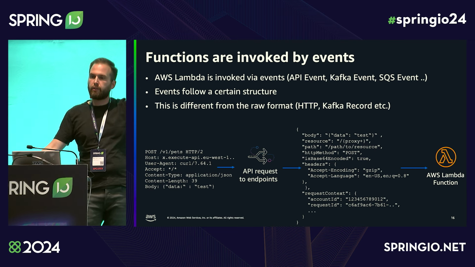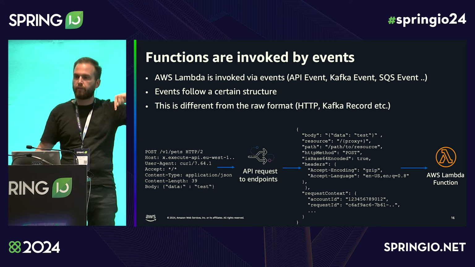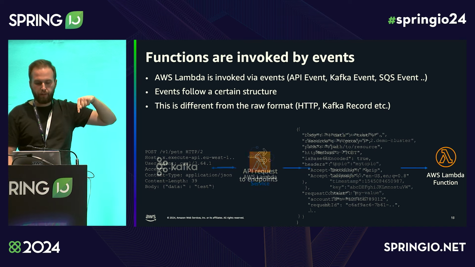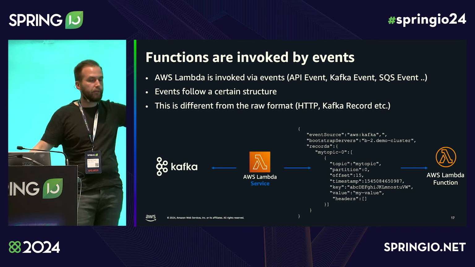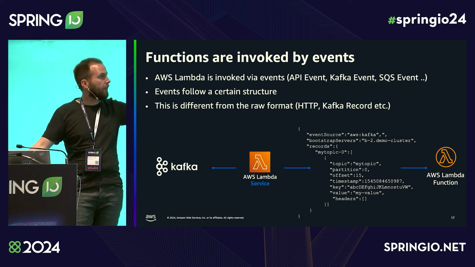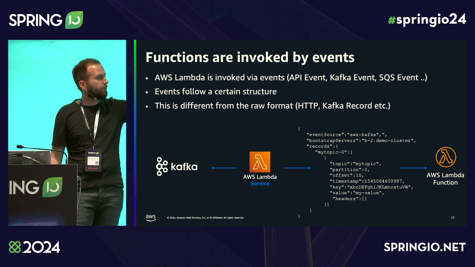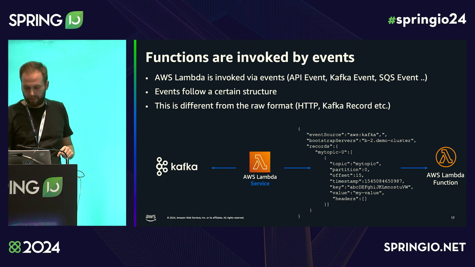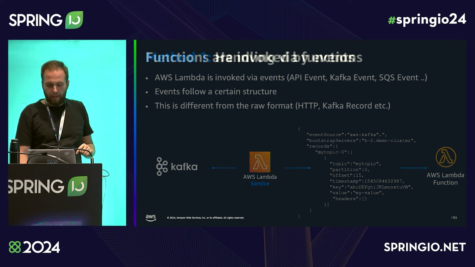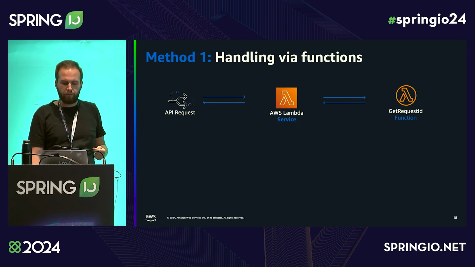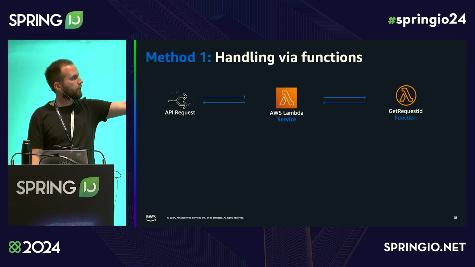That is the input argument for the function that I write. And that obviously changes if I integrate with Kafka. Then my JSON event looks different. It obviously has information about the actual messages that are on my topic. And how does Lambda know how to invoke it? So we have the request, the service, our function.